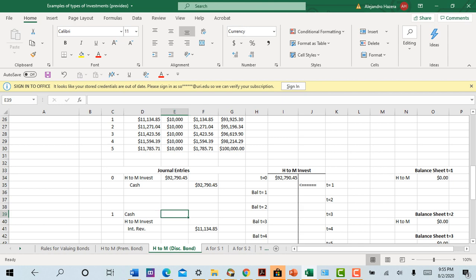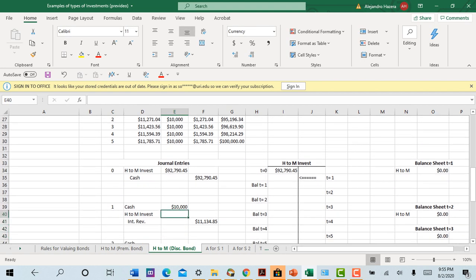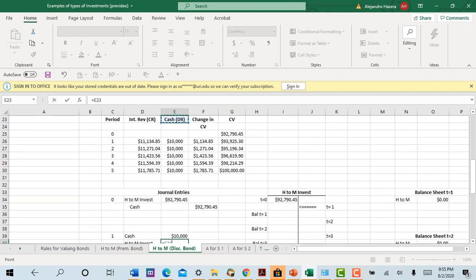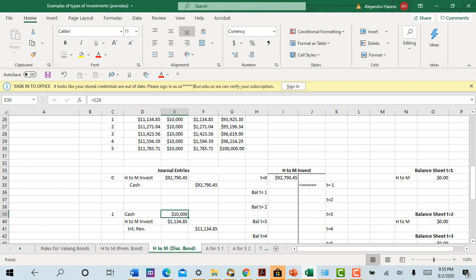Those were under $10,000. Then our cash is going to be $10,000. And now we're going to debit the held to maturity investment account because we're working from $92,000 original carrying value up to $100,000. So all these are debits to the asset account. You're increasing them.